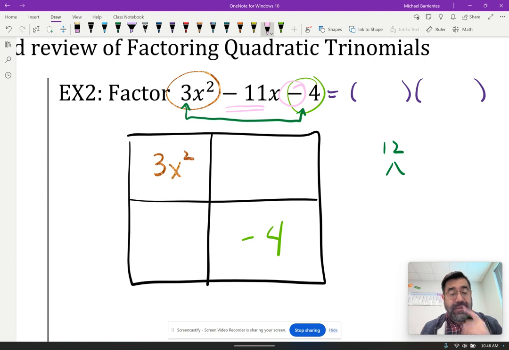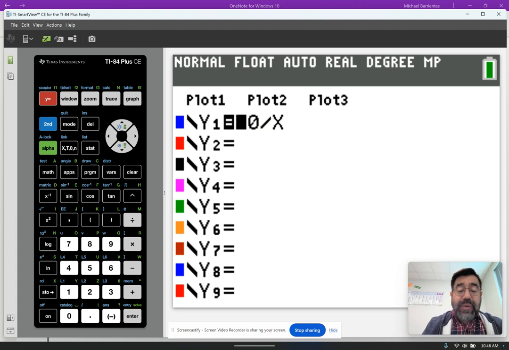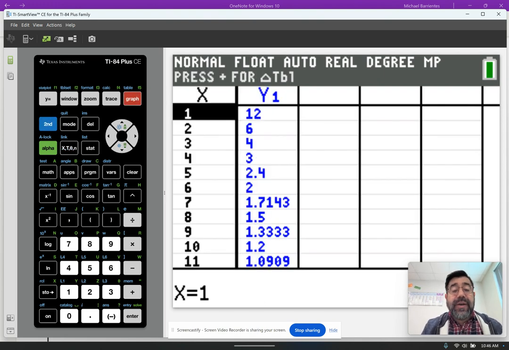I don't know how that's going to work, but let's figure it out. I'm going to go to my calculator, press y equals, and clear it out. 12 divided by x is going to give me all the pairs of numbers that multiply to give me 12. If I press second graph, that'll take me to the table. Here's the first pair, 1 times 12, 2 times 6, 3 times 4.